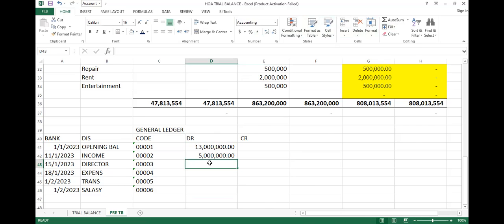Okay, yes, they're still there. So let's assume they receive 50 million income in that month. There's addition from the director, additional 10 million.